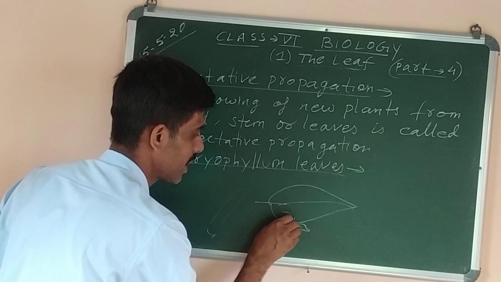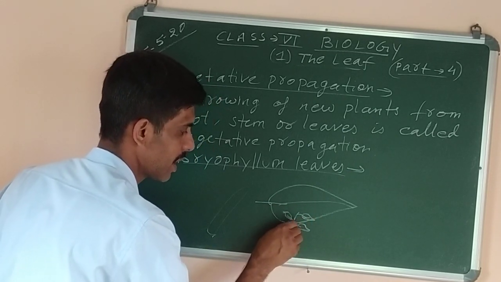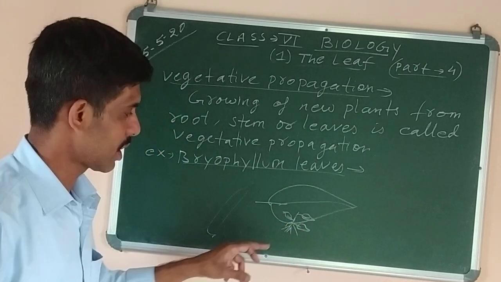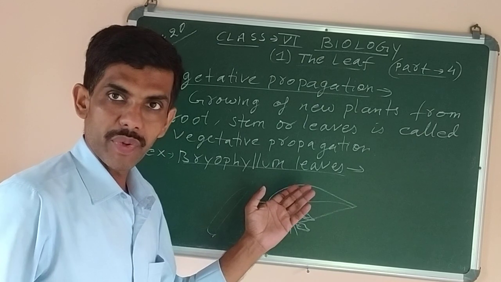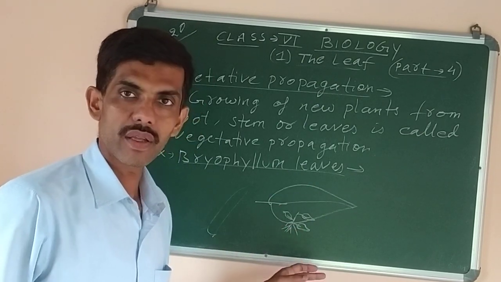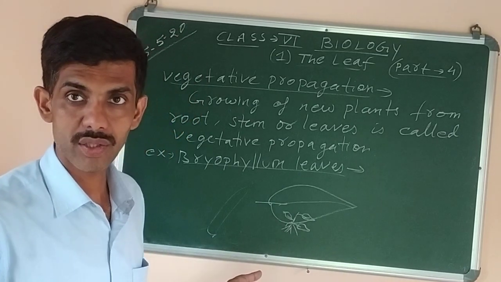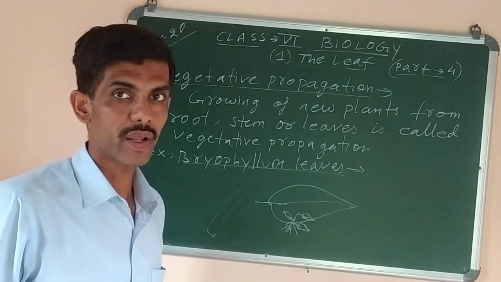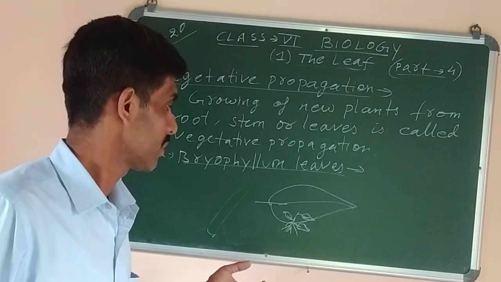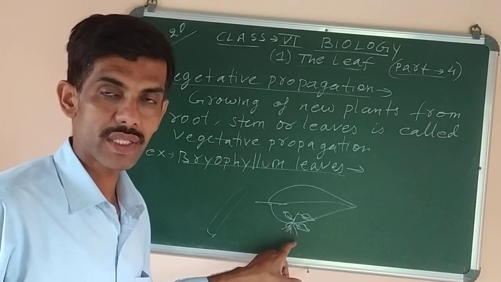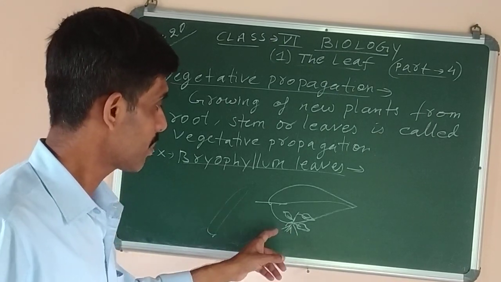These buds are known as adventitious buds. These buds will develop into a baby plant, and these baby plants will get separated once they grow bigger. They will separate from the leaf and fall on the soil. And in the soil, it will get all the requirements for germination, like water, air, suitable temperature, everything will be available. So this baby plant will develop into a new plant. So that is vegetative propagation by leaves.